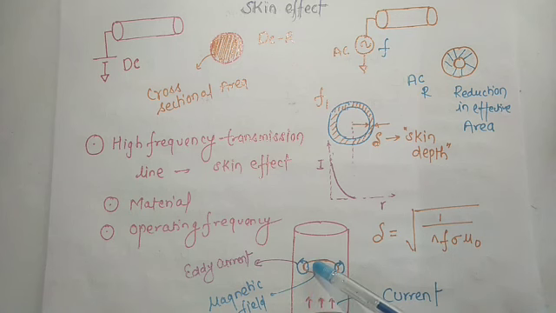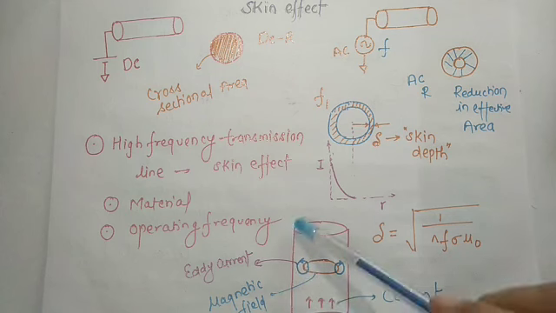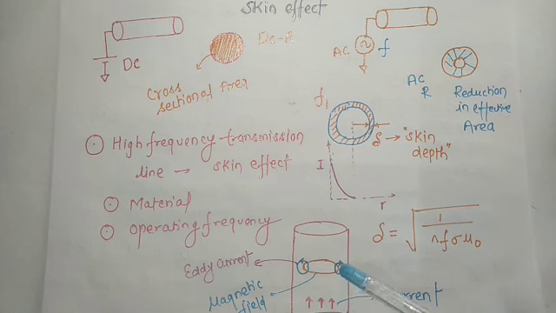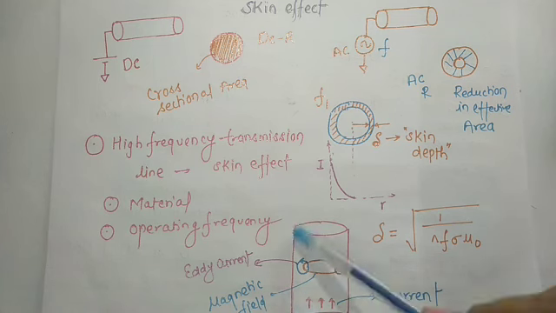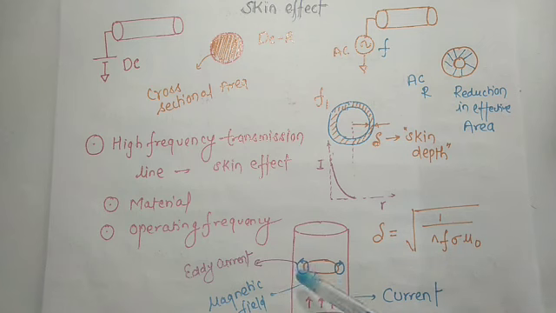It means the tendency of flow of electrons comes into the picture on the skin of the conductor. So remember that in the case of higher frequency, current flows through the skin of the conductor.